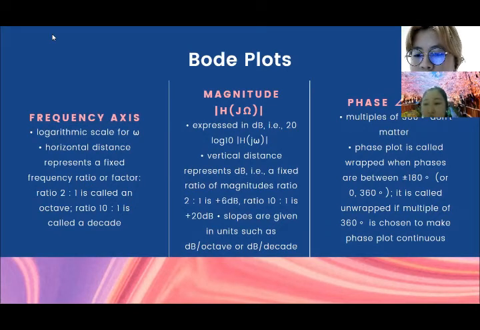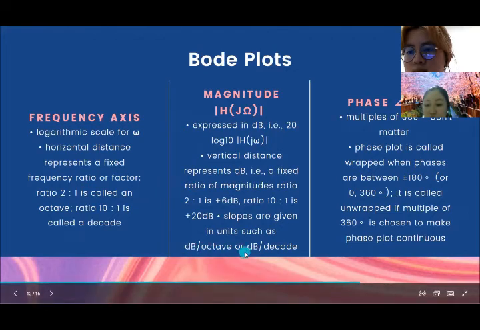Magnitude is expressed in decibels, for example 20 log10 |H(jω)|. Vertical distance represents decibels, for example a magnitude ratio of 2 to 1 is plus 6 decibels, and 10 to 1 is plus 20 decibels. Slopes are given in units such as decibels per octave or decibels per decade.